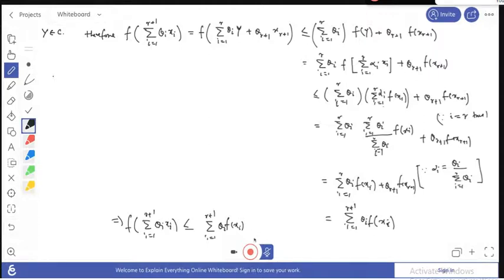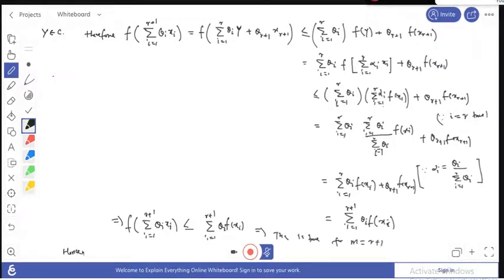Okay, so this theorem is proved by mathematical induction. This theorem is true for r equals to 1, so this implies this is true for n equals to r plus 1.